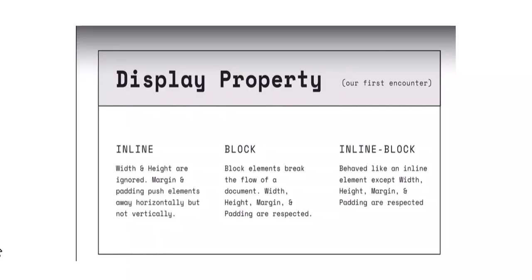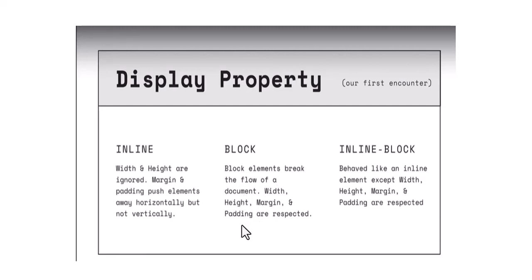The display property includes inline, where width and height are ignored. Margin and padding push the elements away horizontally but not vertically. So all elements like paragraphs and divs can be shown inline, and block elements break the flow of the document.